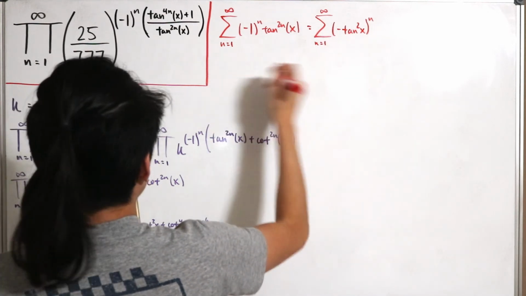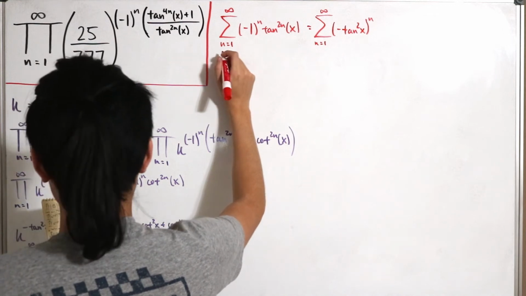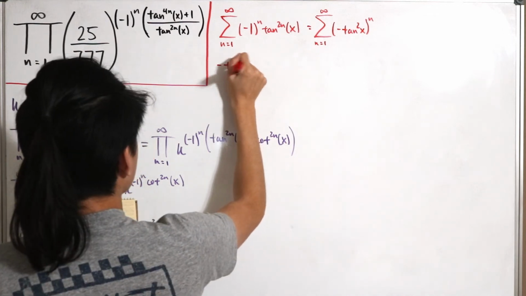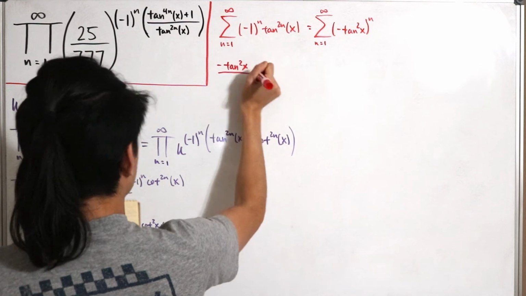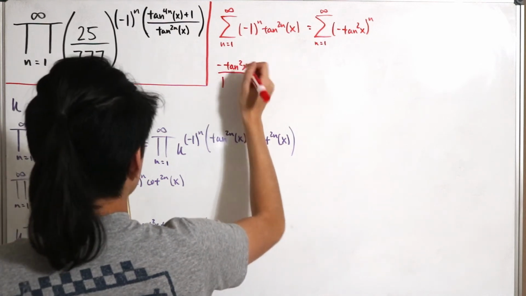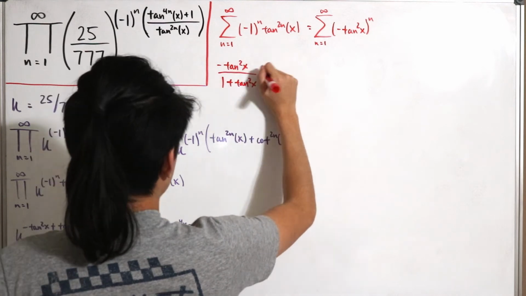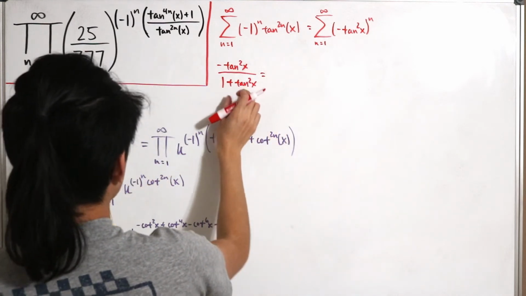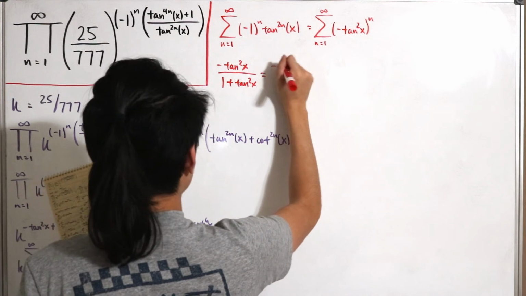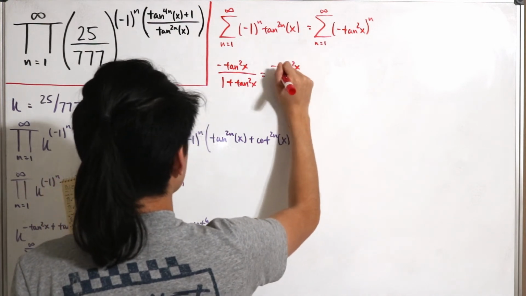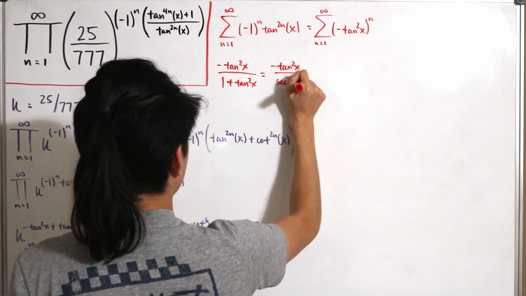Then we can write this with the formula. So this is negative tangent square of x, over 1 minus negative tangent square of x, so this becomes a plus. Then from here, you can just rewrite the denominator using the trig form. That's just secant square of x.